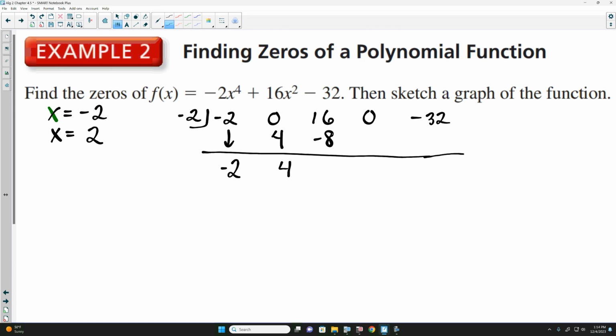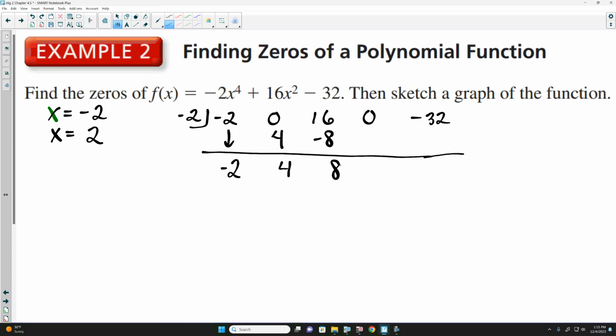Wait, do we put the 4 straight with the 0? Oh, we dropped that 2. I forgot. So we bring down the negative 2. Negative 2 times negative 2 would give us 4. 0 plus 4 is 4. Negative 2 times 4 is negative 8. 16 plus negative 8 is 8.